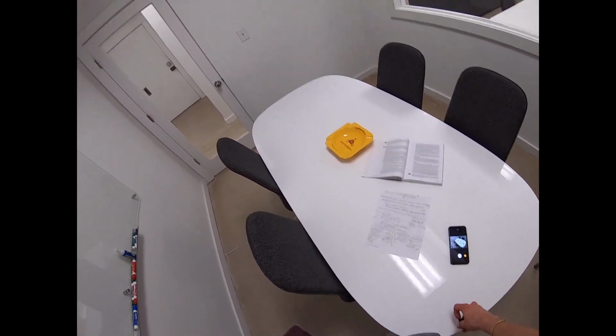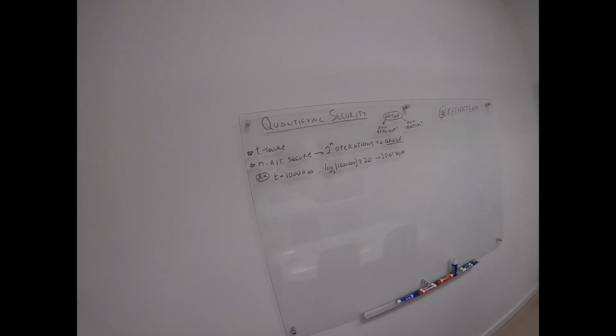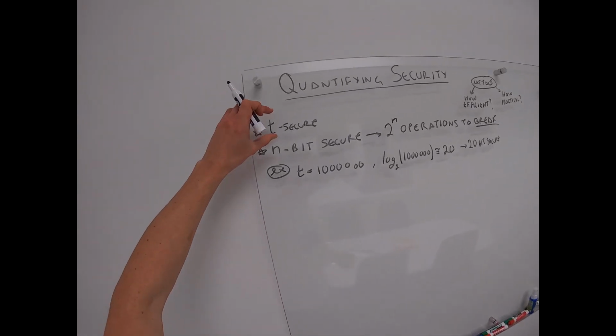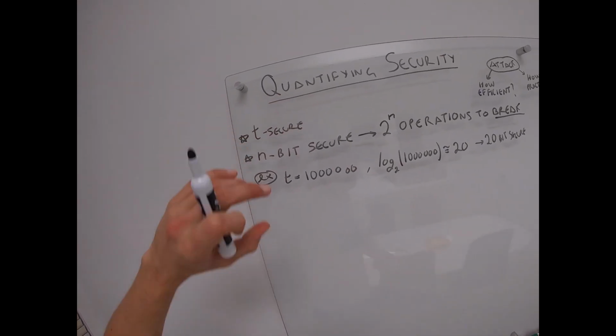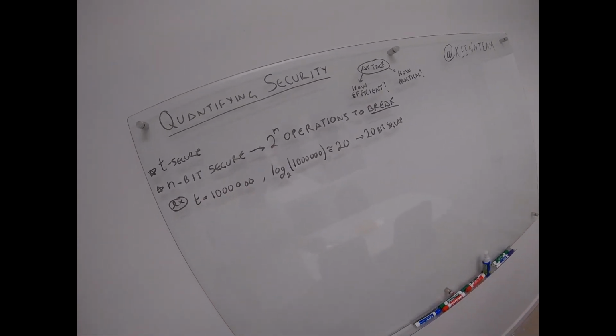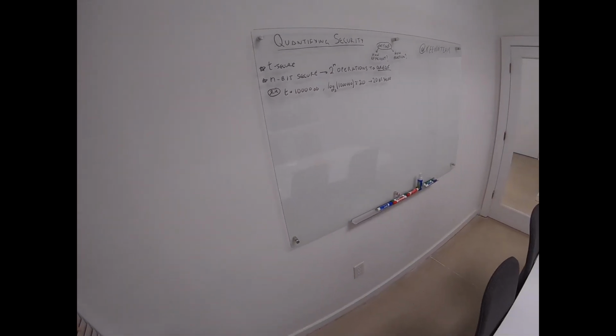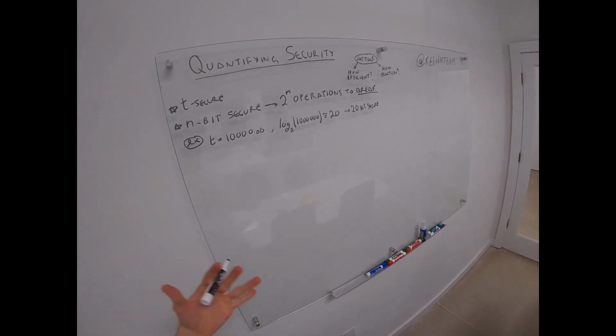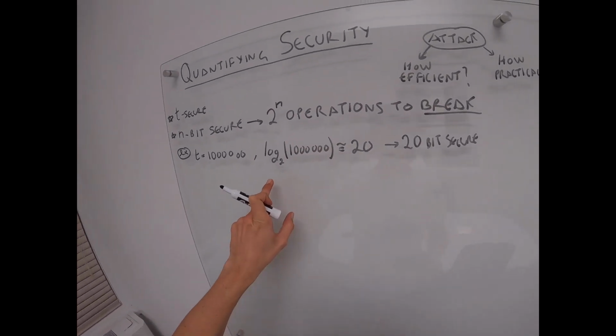Right, this is great, okay? So we know that if it takes a certain amount T of operations, for example 1 million, to break a cipher, then we can calculate using this formula.